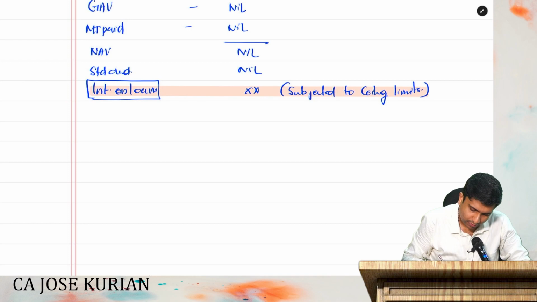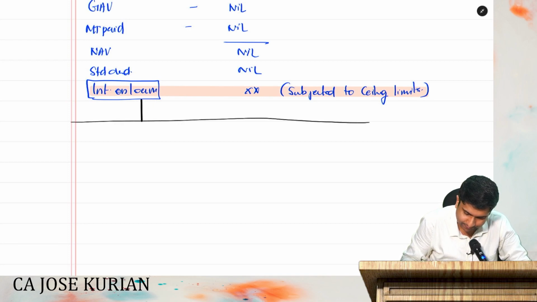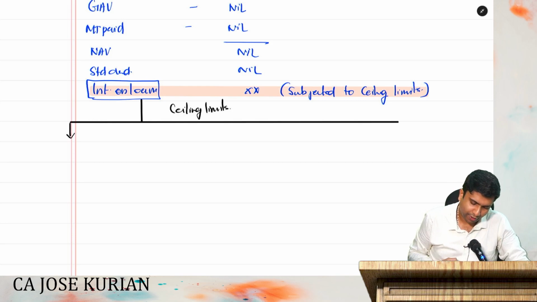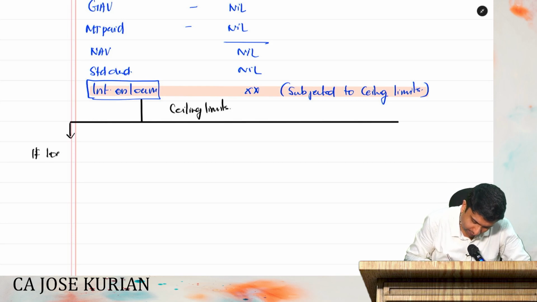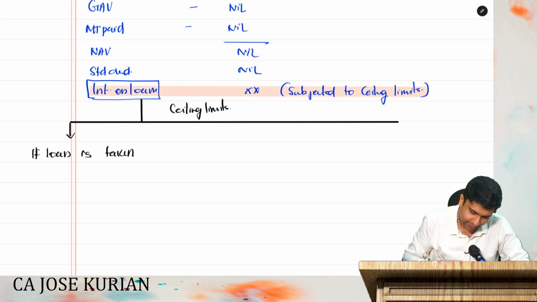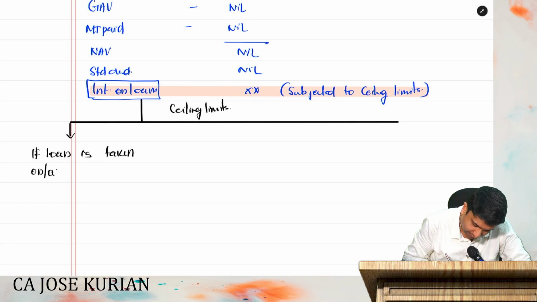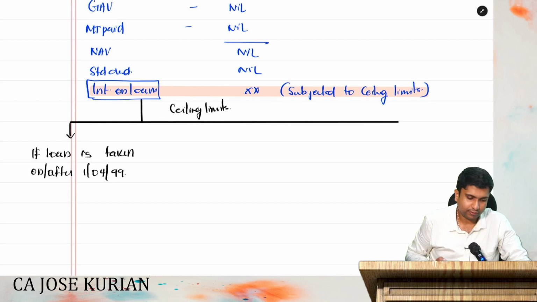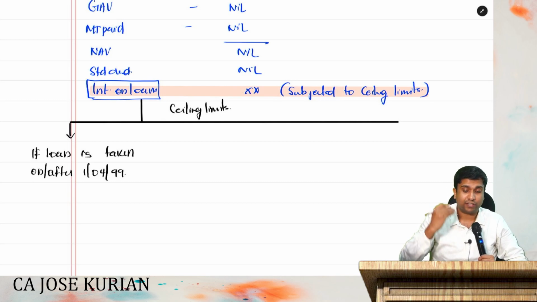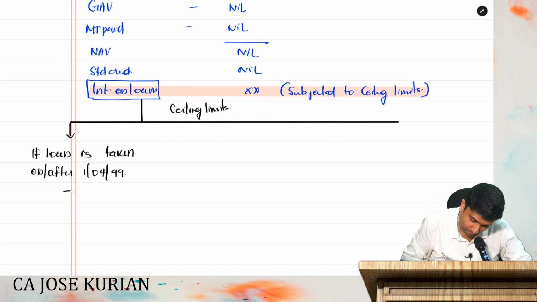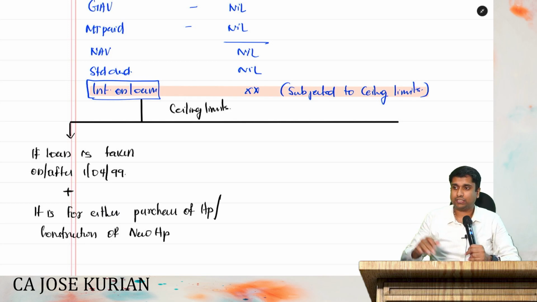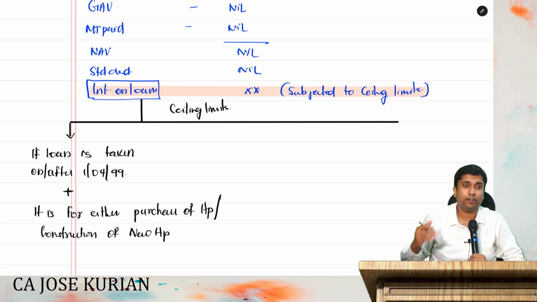So under interest on loan, we can write a flow chart of ceiling limits. The first point: if the loan is taken on or after 1st April 1999, and it is for the purchase of new house property or construction of new house property.